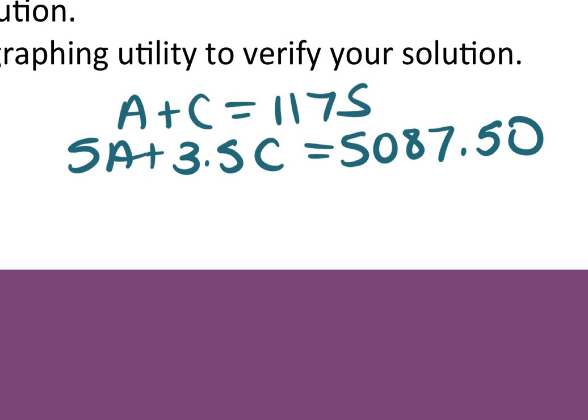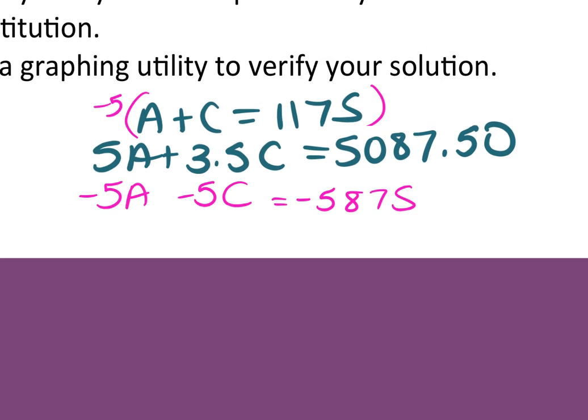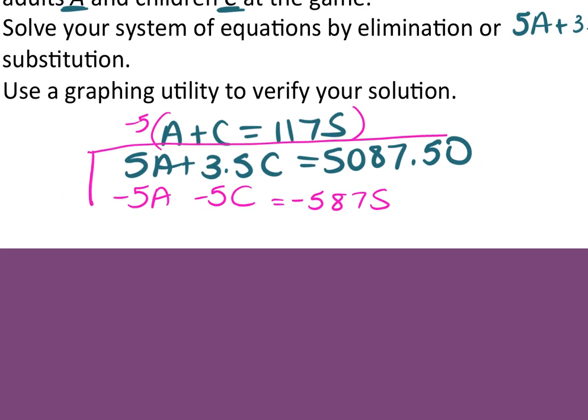So pick one to cancel. Let's get rid of the A. So we're going to multiply by a -5, right? So it cancels out. So -5A minus 5C, and then 1175 times -5 is -5,875. Now I'm using these two. So add these.